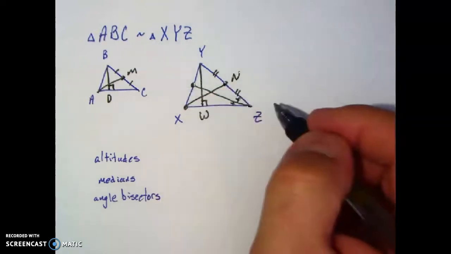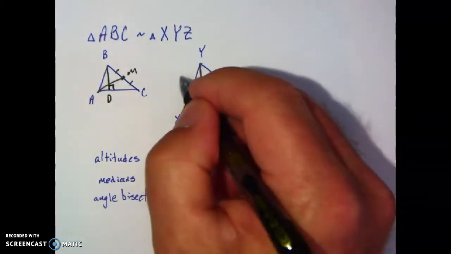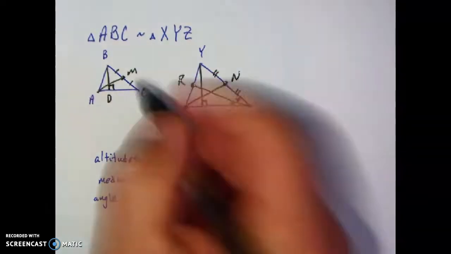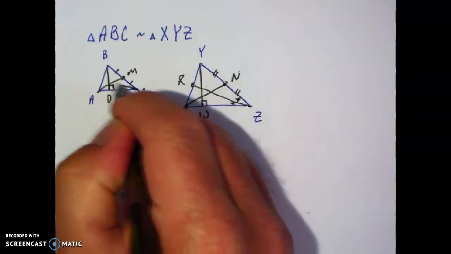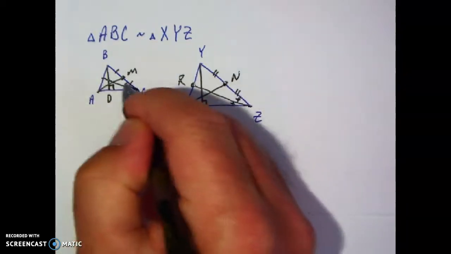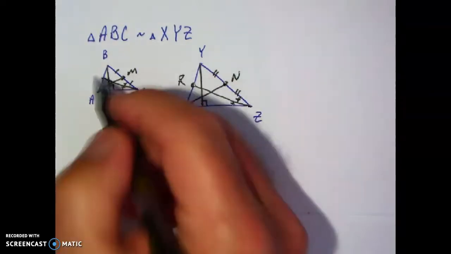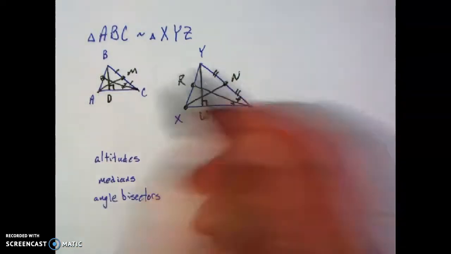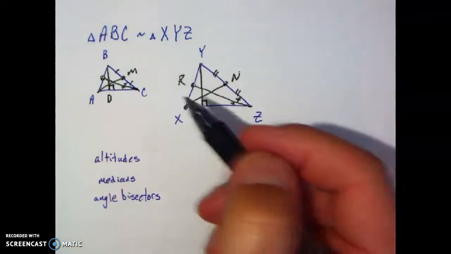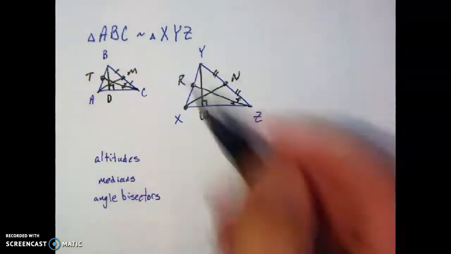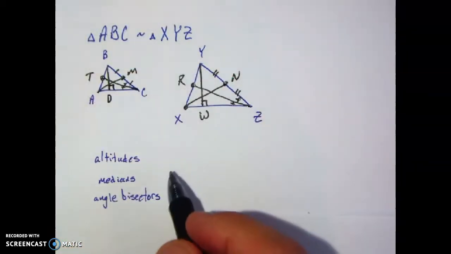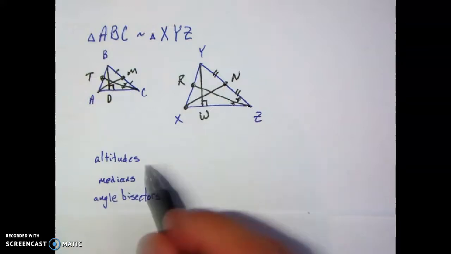So then we have this segment ZR, and then my corresponding angle bisector would come from C, coming across here. Again, it's cutting this into two congruent parts. And so my corresponding angle bisector over here would be whatever that might be, segment CT. Those would be corresponding angle bisectors, and again, they would have the same ratio.